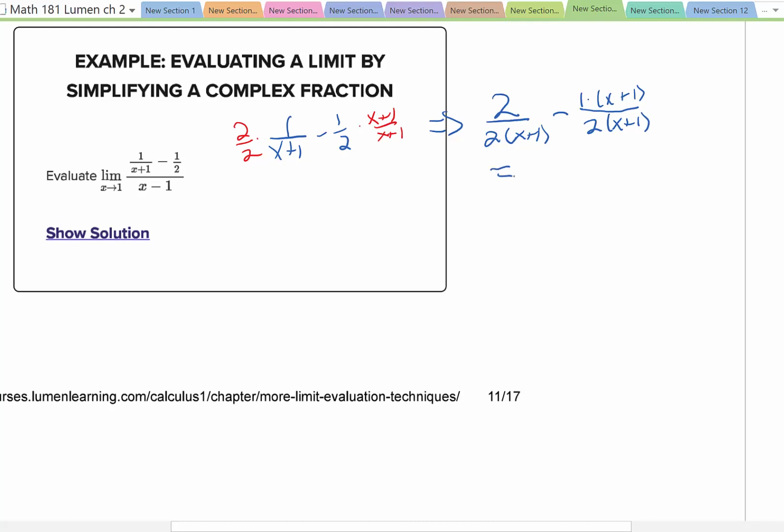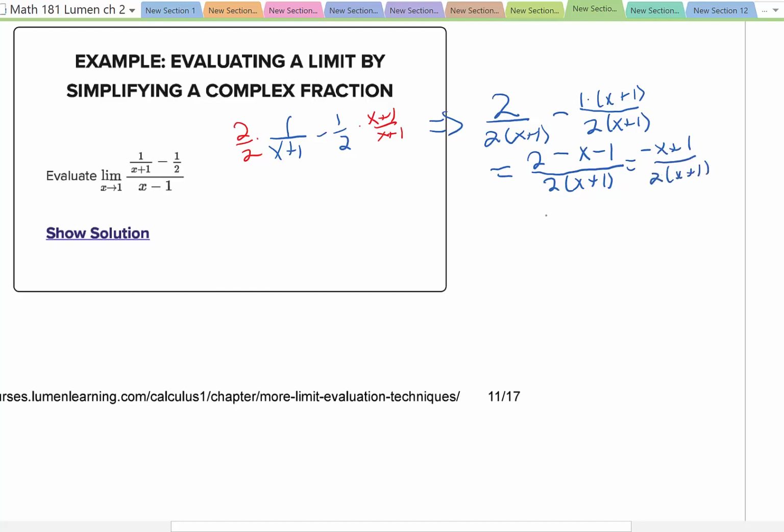So we have 2 minus x minus 1 over 2 times x plus 1. So that's going to be negative x plus 1 over 2 times x plus 1.